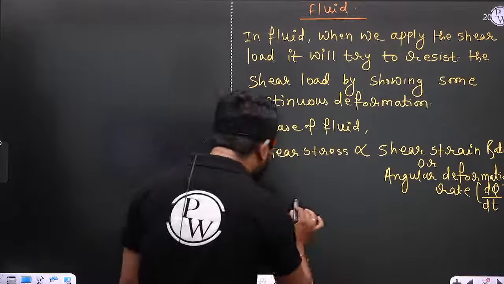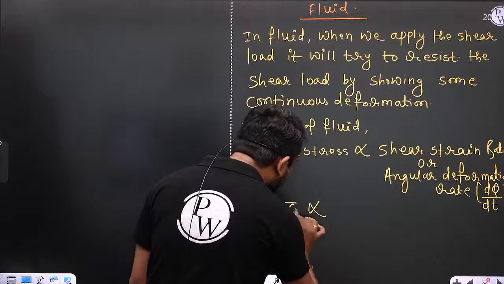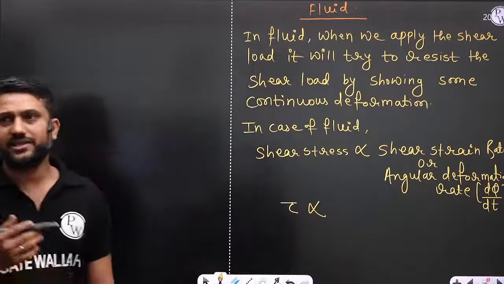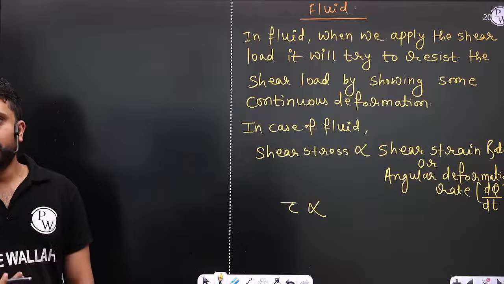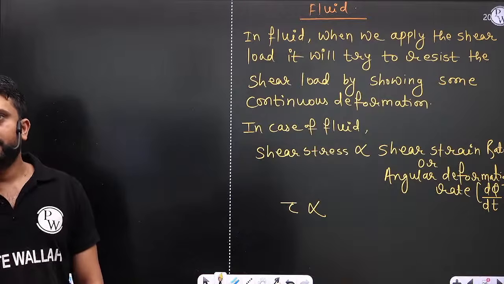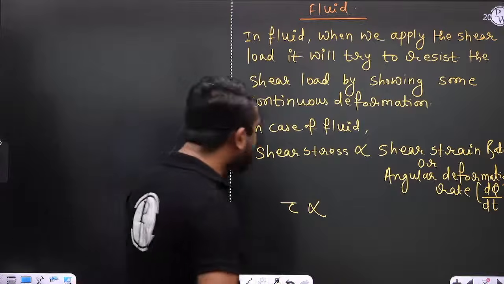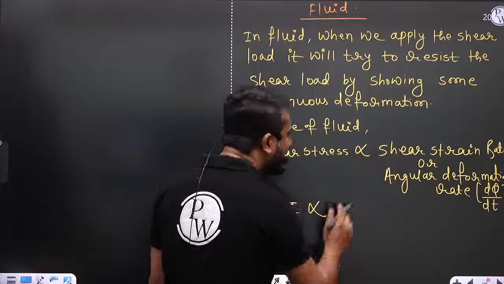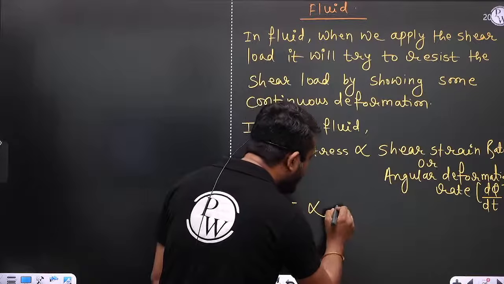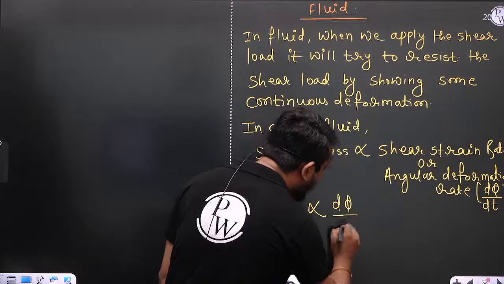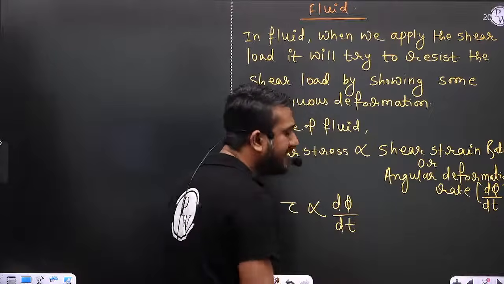So in case of the fluid, tau, the shear stress experienced by the fluid layer, is directly proportional to d phi by dt.